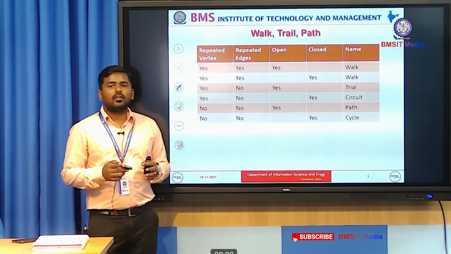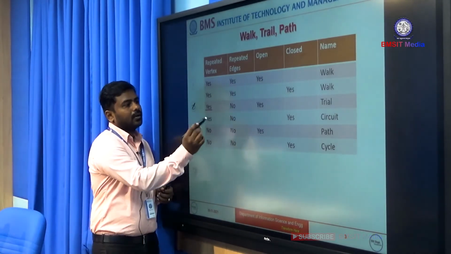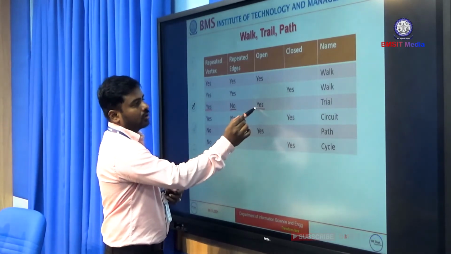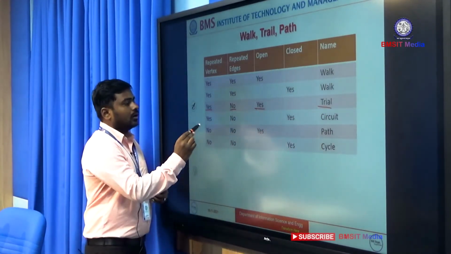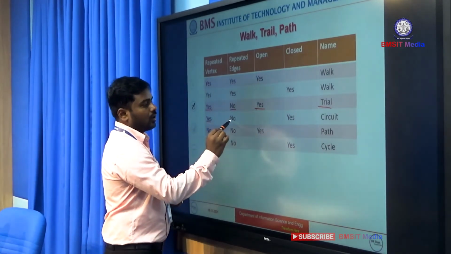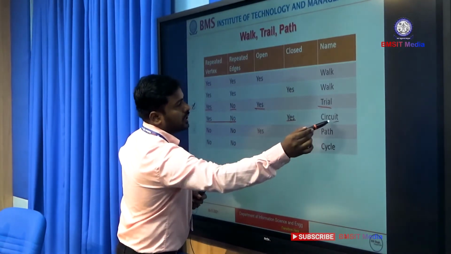If vertices are repeated and edges are not repeated and it is an open walk, then we call it a trial. If vertices are repeated and edges are not repeated, and it is a closed walk, then we call it a circuit.